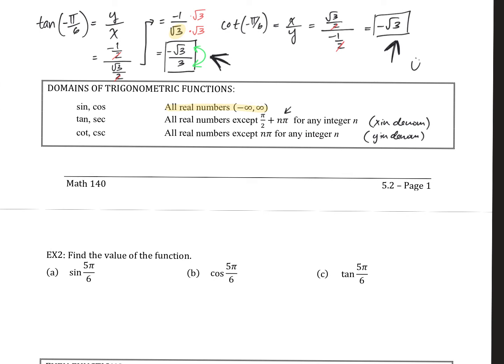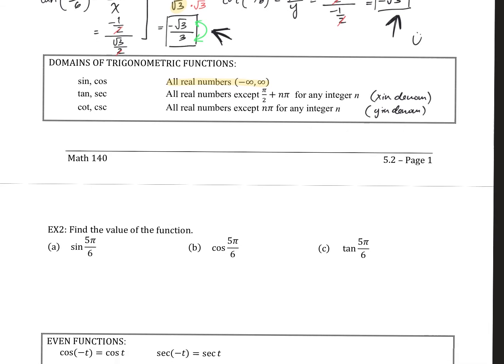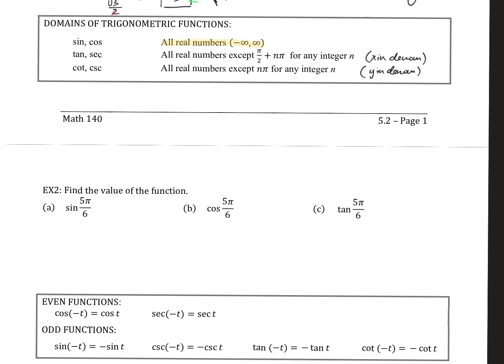That's because at times the value you have inside where t is might be a little more complicated. But the basic thing to remember at this point, we'll take a look at it further in the course, is that they are the reciprocals and they have a variable in the denominator. And because of that, that variable could be 0 and we can't let that happen. So the only two that have all real numbers for their domain are sine and cosine.